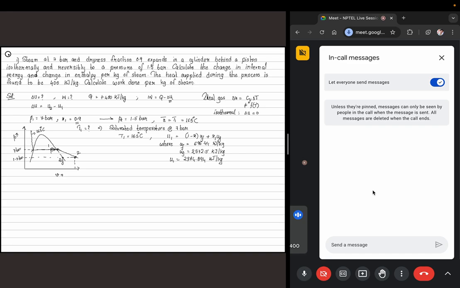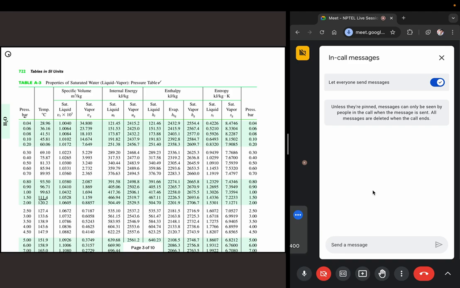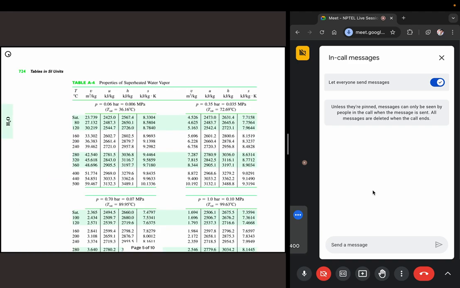Yeah, so I was saying, now that we know that the second state is in the superheated region, we need to find the value of U2 at this particular point. So we look up the superheated steam tables. You have the values in terms of the pressure.